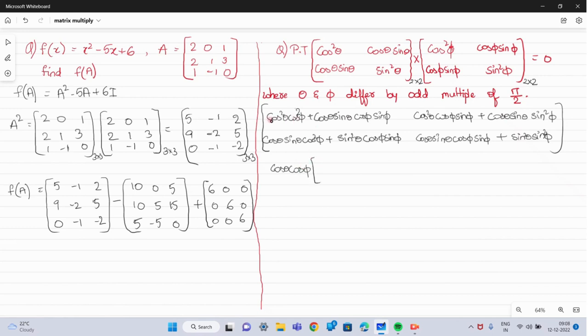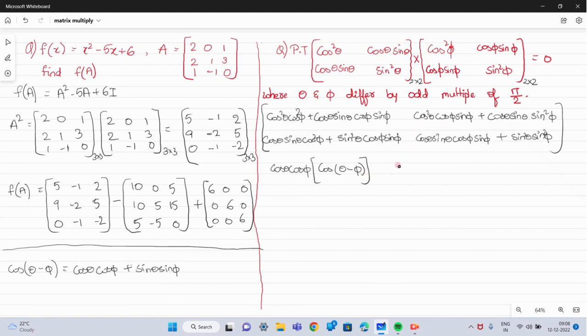Inside what will remain is cos theta cos phi plus sin theta sin phi, which is nothing but cos of theta minus phi, because cos A minus B is cos A cos B plus sin A sin B, so here theta is A and phi is B. The same thing we are applying here, so it became cos of theta minus phi.